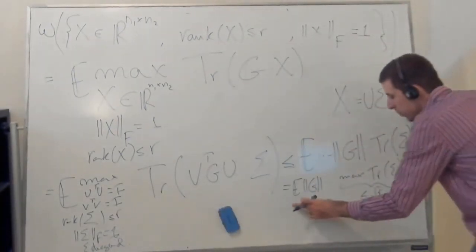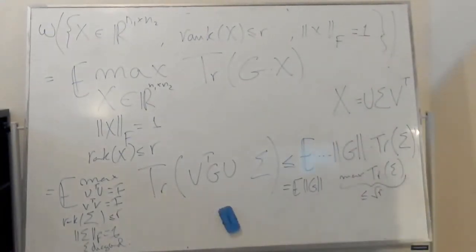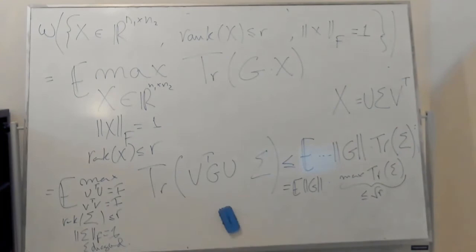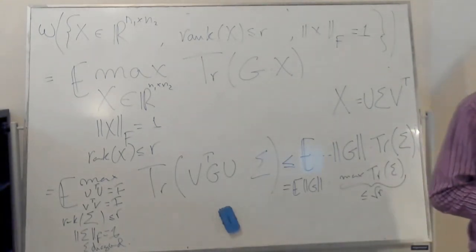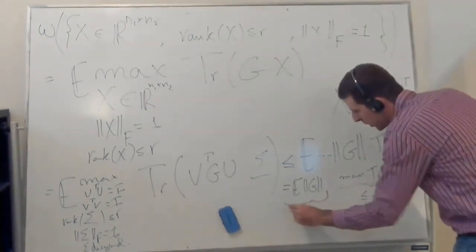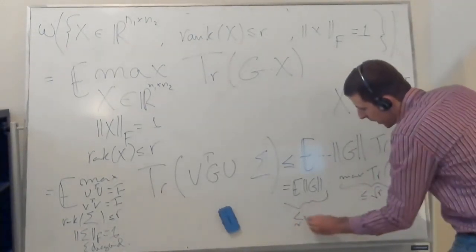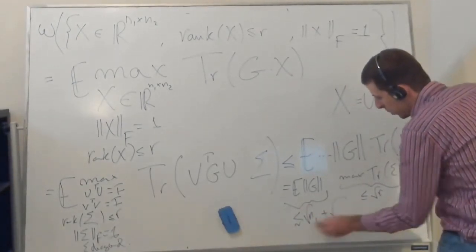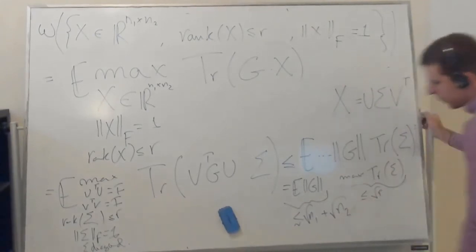And now you have to understand the expected value of the spectral norm of G, the largest singular value of G. This is like the square root of the largest eigenvalue of the Wishart matrix, the Gram matrix of G. We know that this is roughly, up to constants, square root of n1 plus square root of n2.